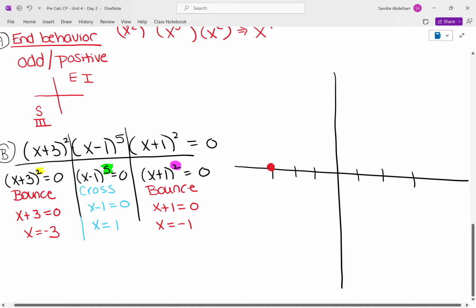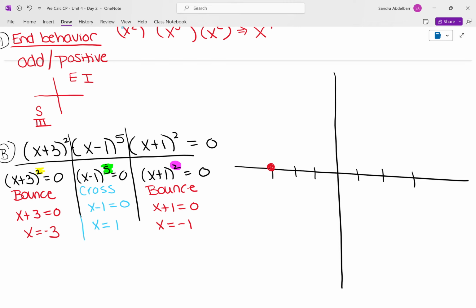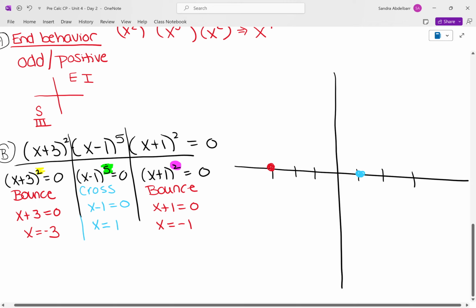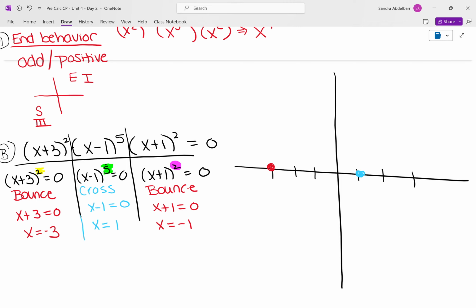So the first zero was -3. The second zero was 1. And we have -1. All right, now we are starting down here, and we are ending up here. Do we agree? Start, end?